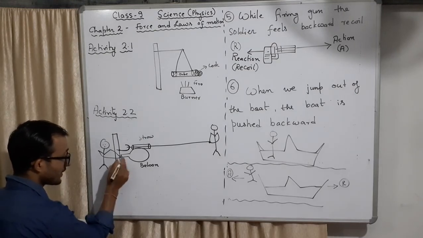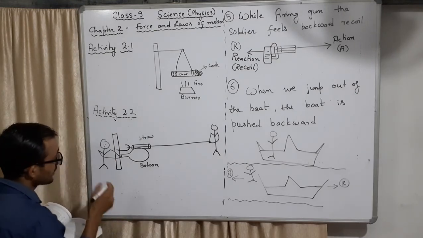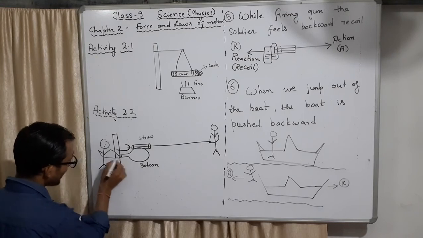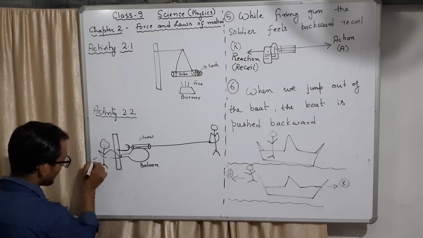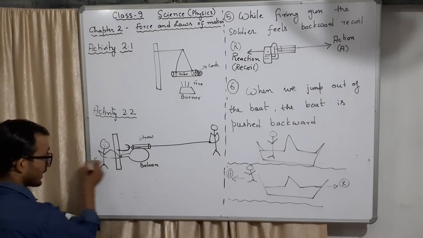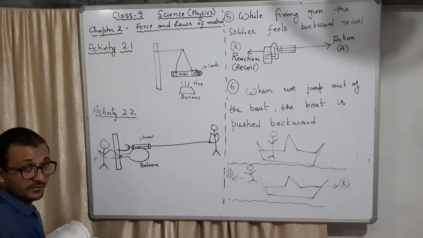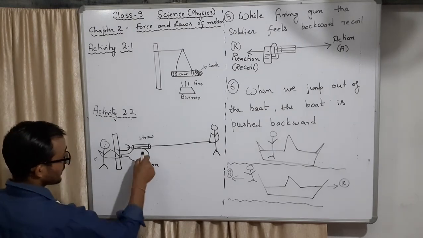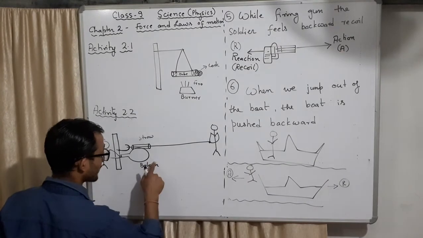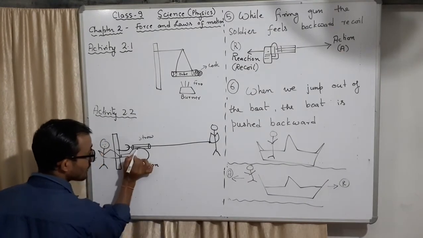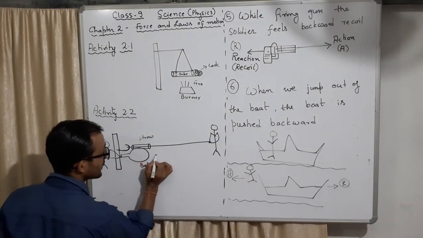This will be released, just release. Then air will come out of this, and that is the action. What do you expect? You'll expect that the balloon will go this side, and in order to go here, you have the straw, which will take it here.